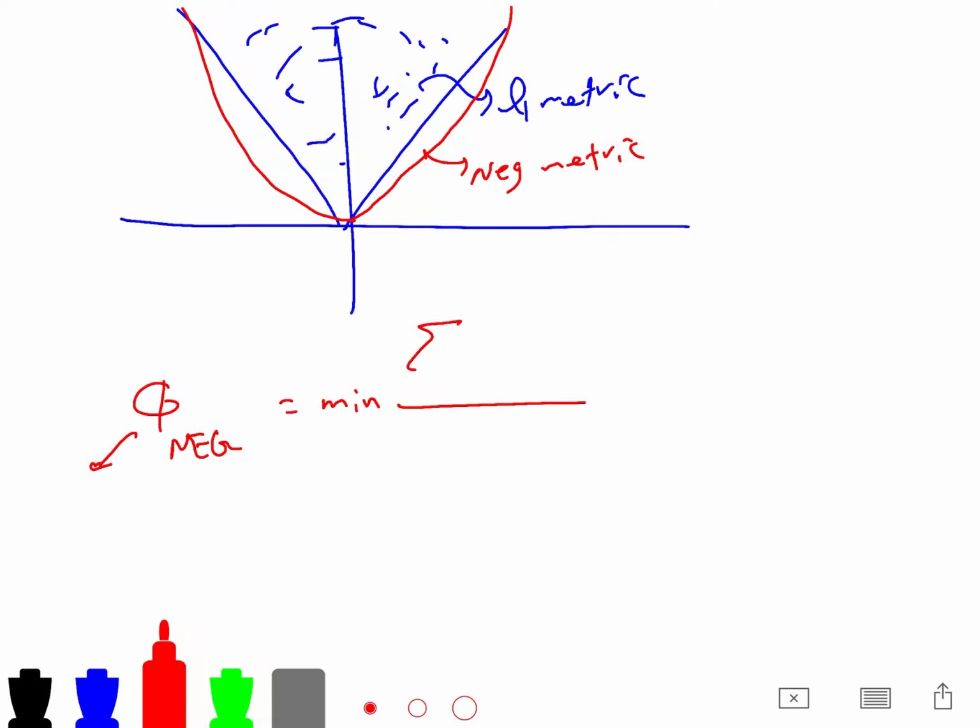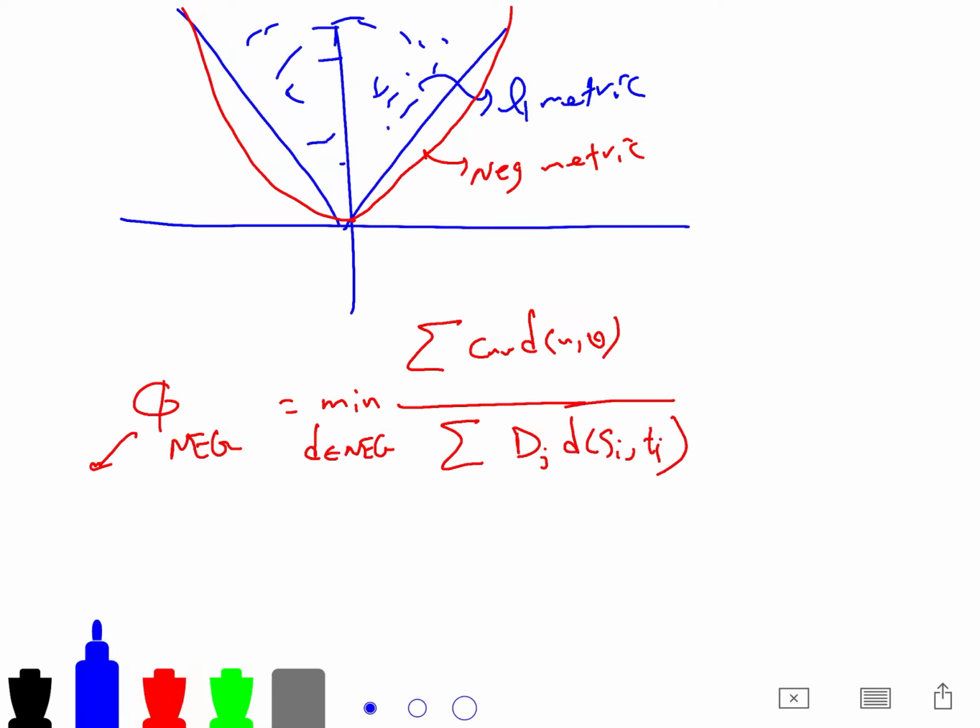It is the sum over CUV DUV, where the minimum is over all negative type metrics, and demands here.